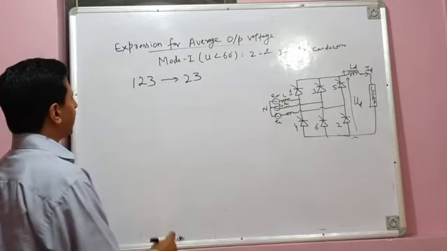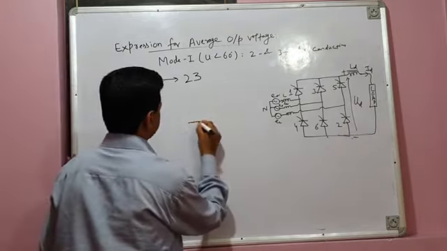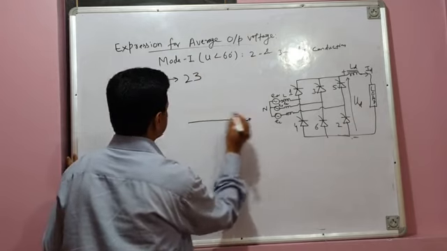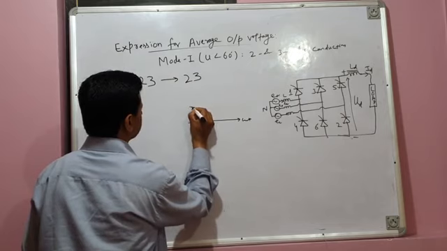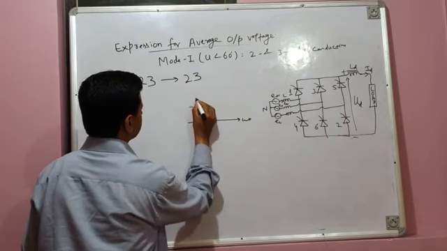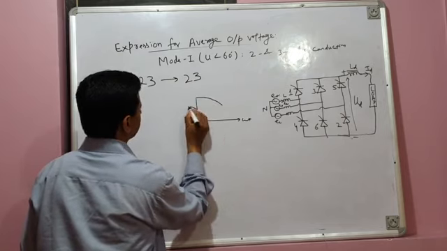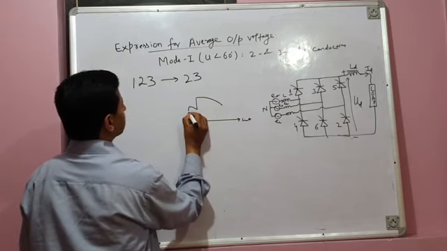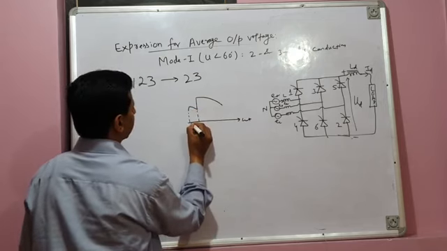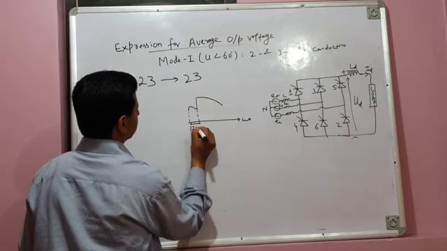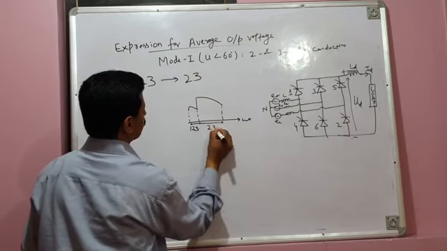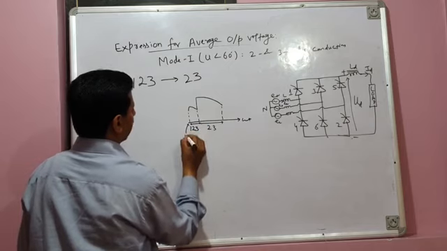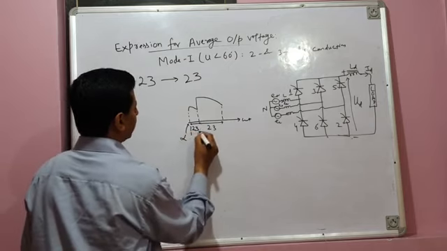As far as output voltage is concerned, this is the omega t axis. Output voltage will be like this. This is the interval when 3 valves, 1, 2, 3, are conducting, and this is the interval when 2 valves, 2 and 3, are conducting. This is your alpha. And what is this time period?